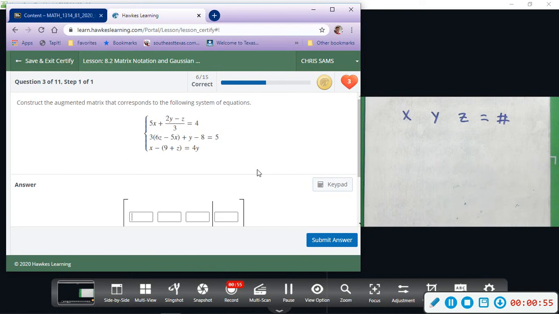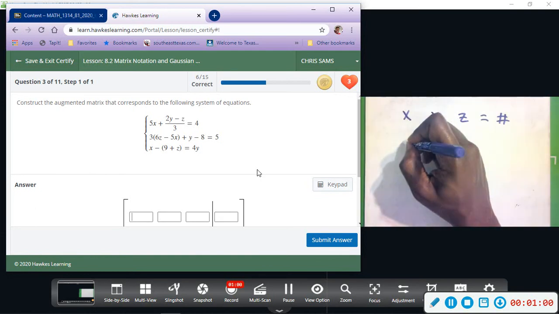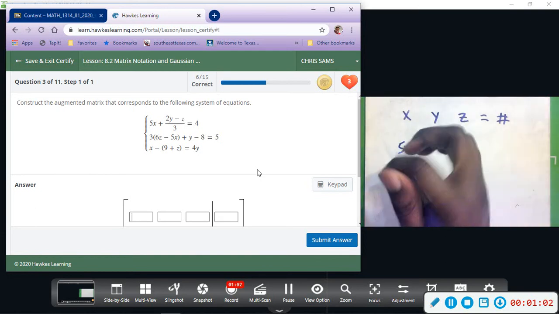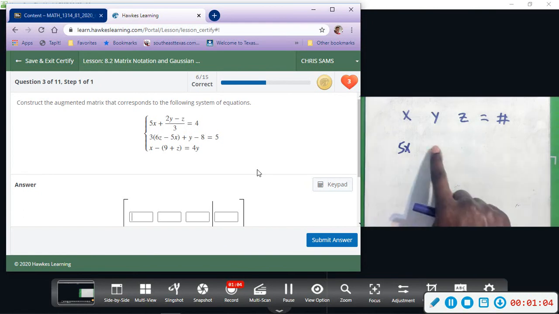Okay, so for the first equation, we have 5x. I'm just going to be focused on the 5 when I set up the matrix. Now we have 2y minus z, so we can separate that into two separate fractions because I need to see them individually.